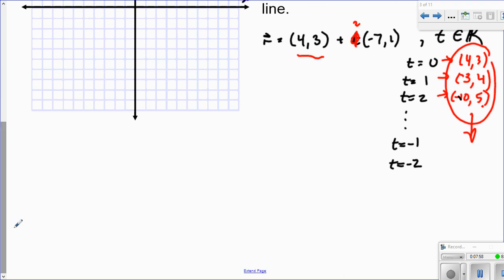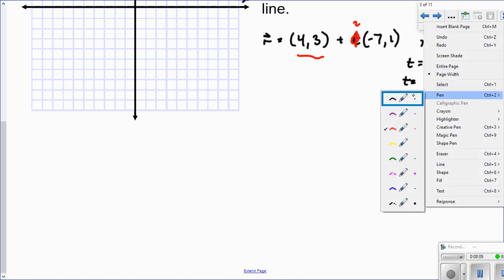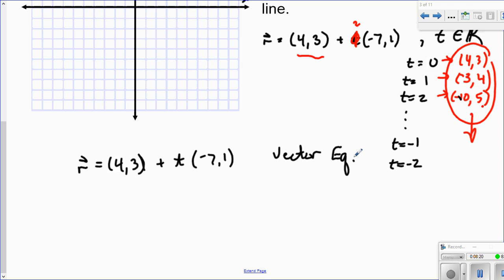So this is a vector equation, and that's how I defined it here. Now, r can actually be written as components, so we can write a vector equation like this.